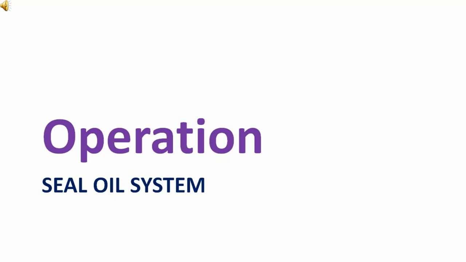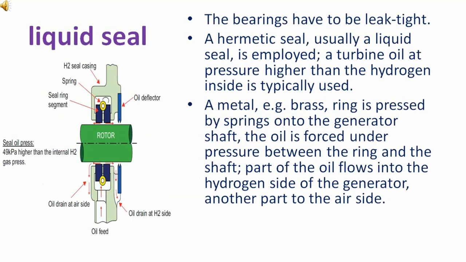The operation issue. Seal oil system. The bearings have to be leak tight. A hermetic seal. Usually a liquid seal is employed. Turbine oil at pressure higher than the hydrogen inside is typically used.